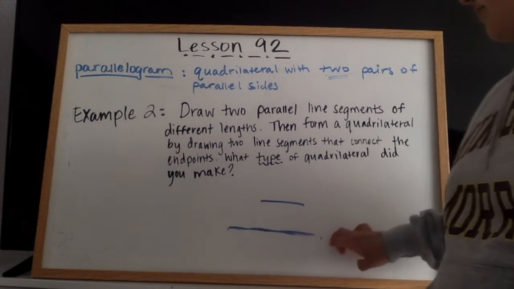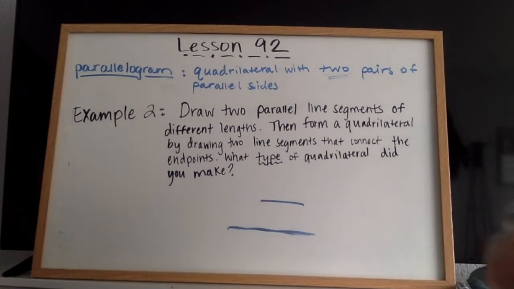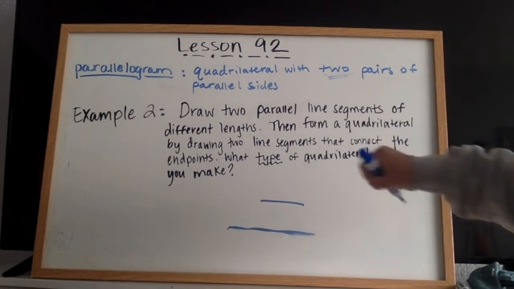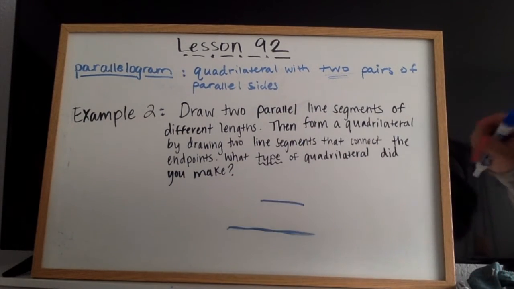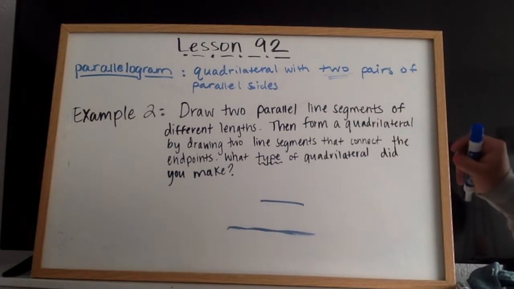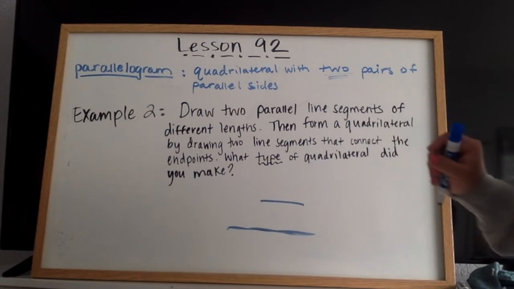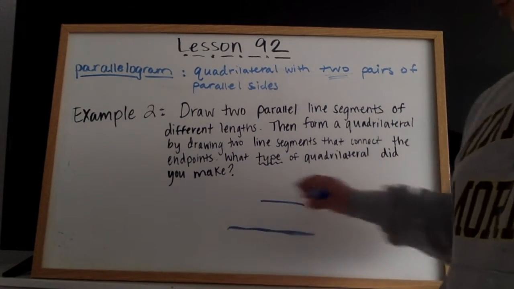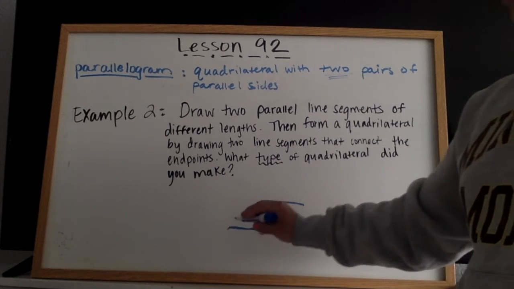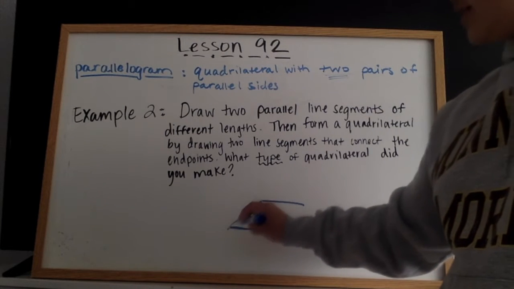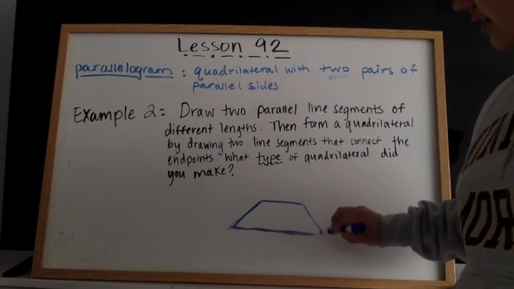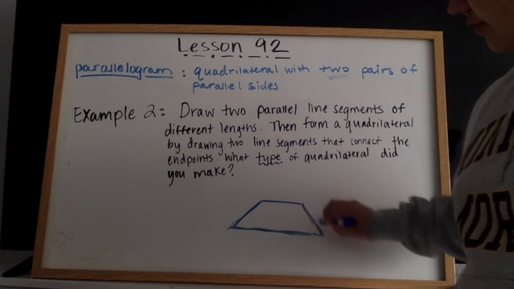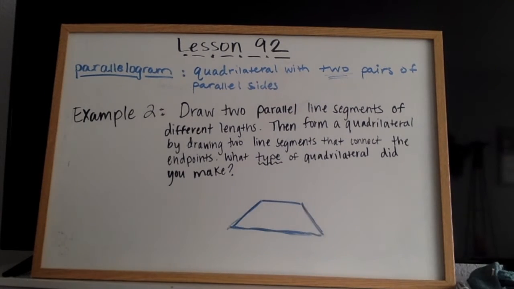As best as you can. Then form a quadrilateral by drawing two line segments that connect the endpoints. So if we're making a quadrilateral, we need four sides. Right now we only have 1, 2. We're going to connect those endpoints, so we get a third side and a fourth side.